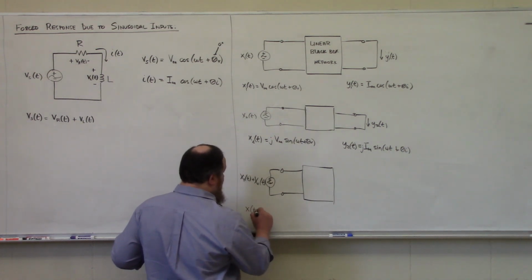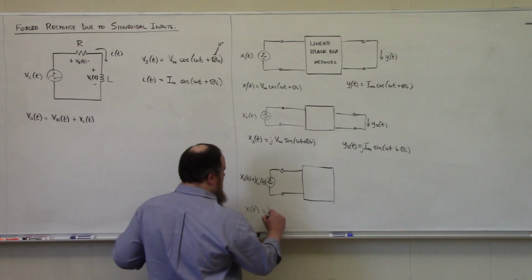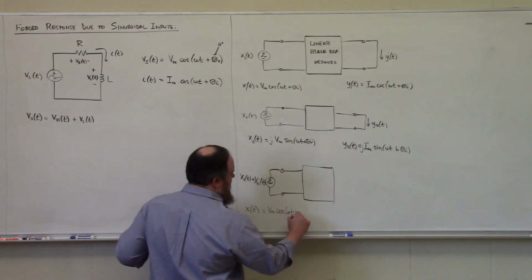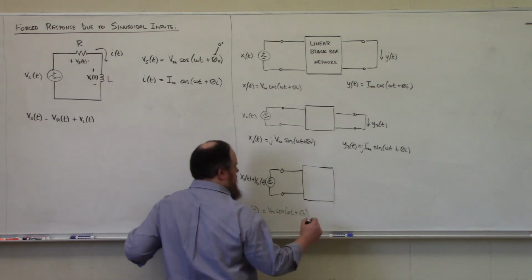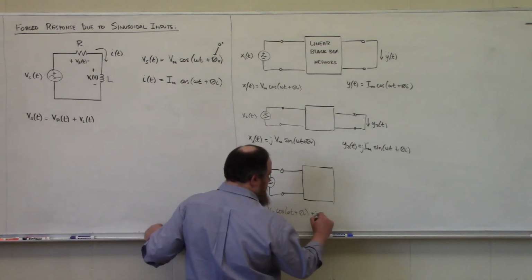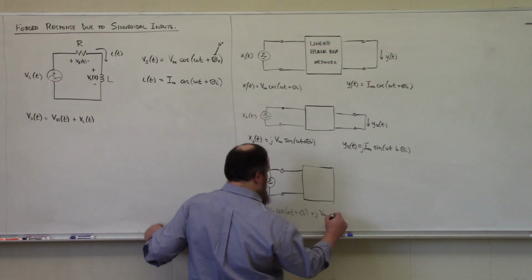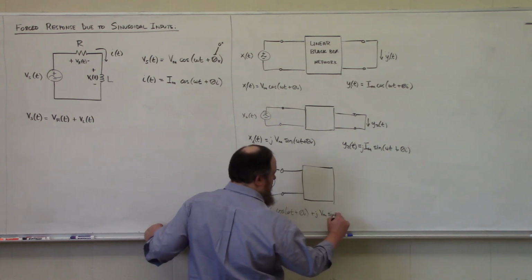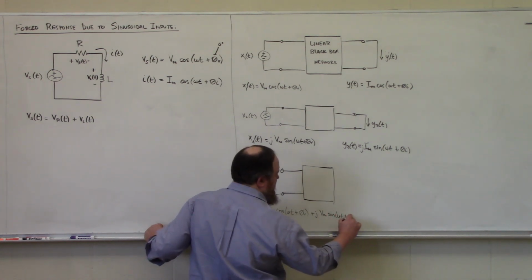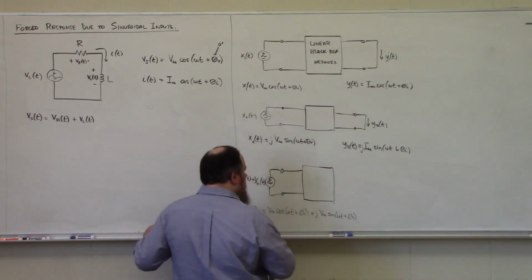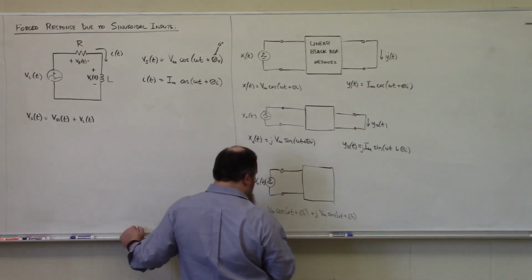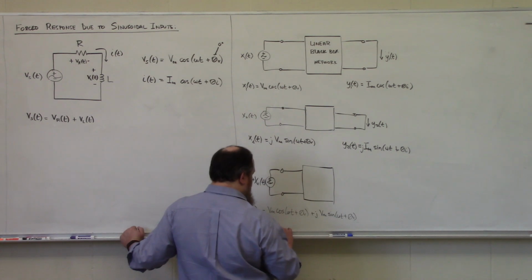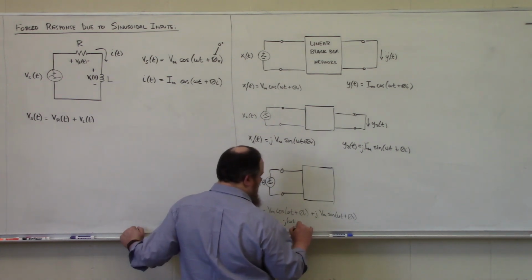So my total x of t is going to be Vm cosine omega t plus theta v plus j Vm sine omega t plus theta v, which, using Euler's identity, is simply Vm e to the j omega t plus theta v.